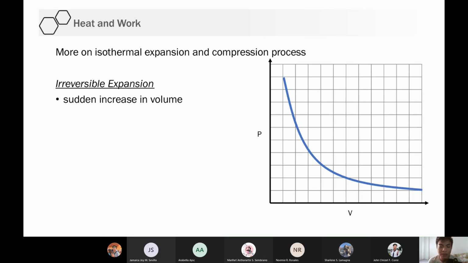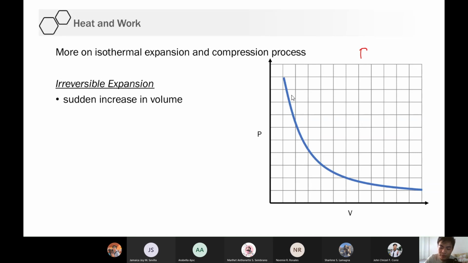So maraming uri yan: reversible and irreversible compression, and reversible and irreversible expansion. Okay? So sabi natin kanina, pag sinabing irreversible, yun yung biglaan. Nagulat na lang siya, tapos na yung process. Irreversible yun.